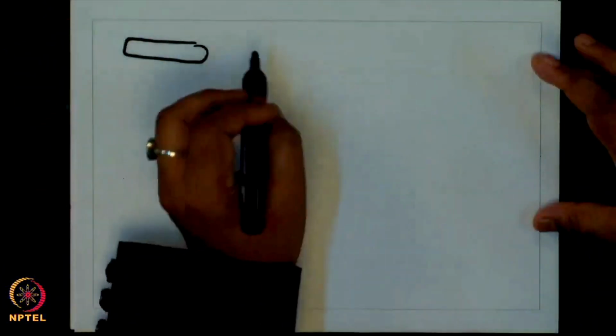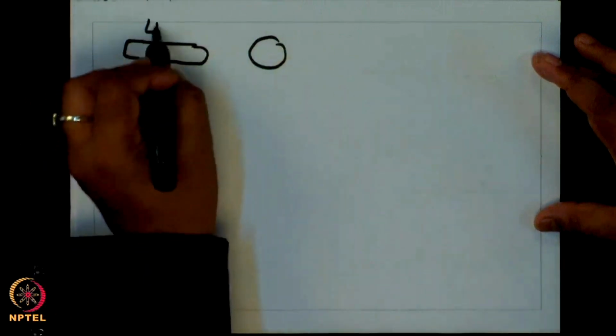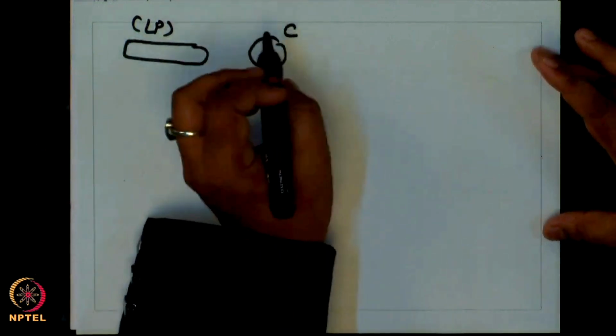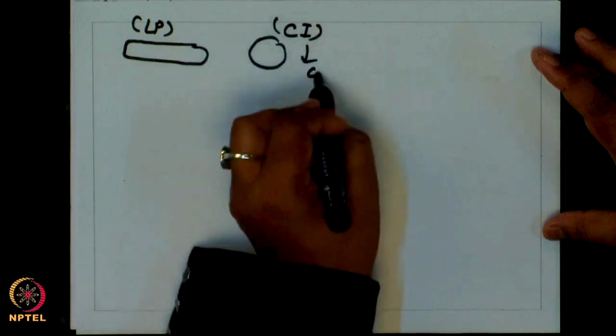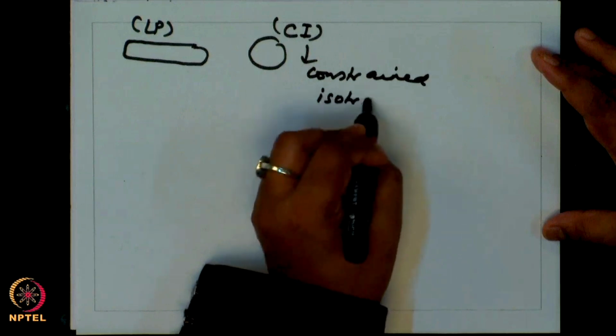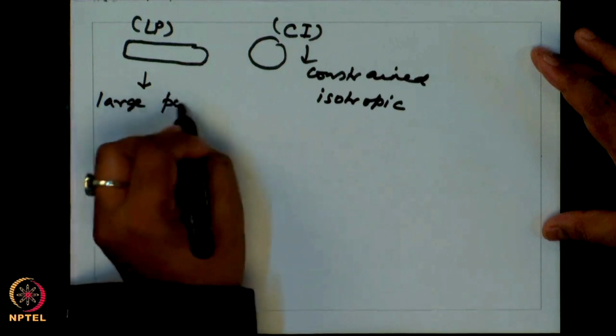This paper was published in PNAS 2013. They have followed up on those experiments more recently, and they chose two geometries, again a polarized geometry and a circular geometry. They wrote these as large polarized geometry or constrained isotropic. This is constrained isotropic, and this is large polarized.